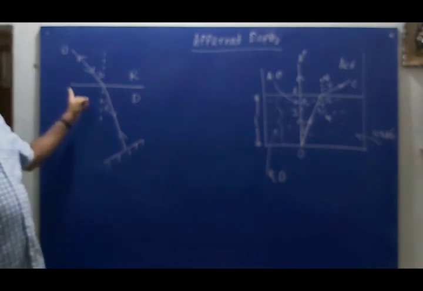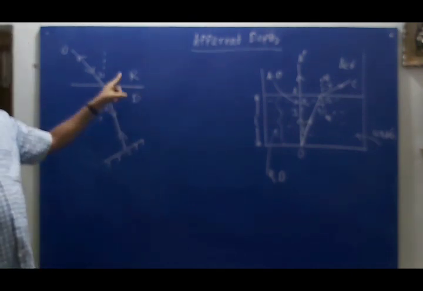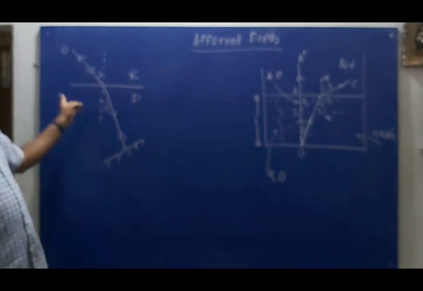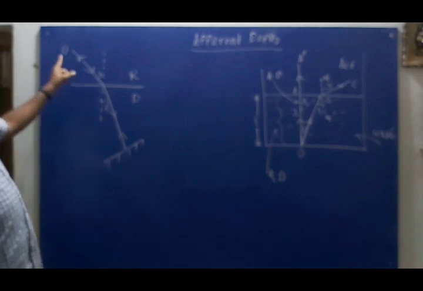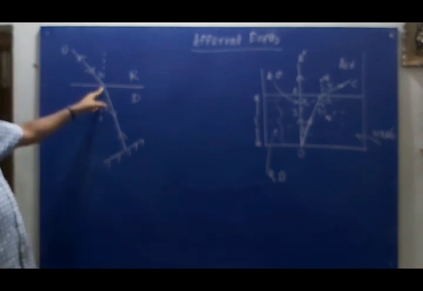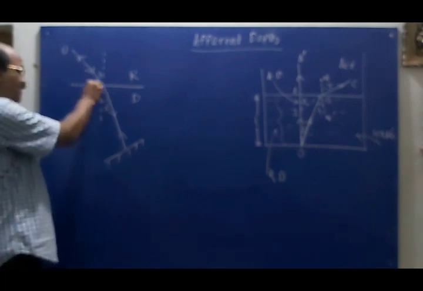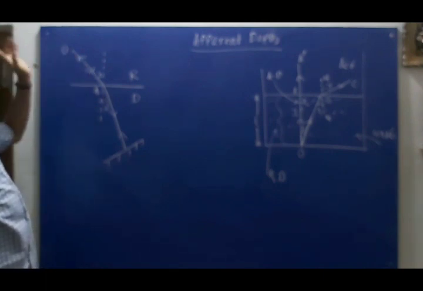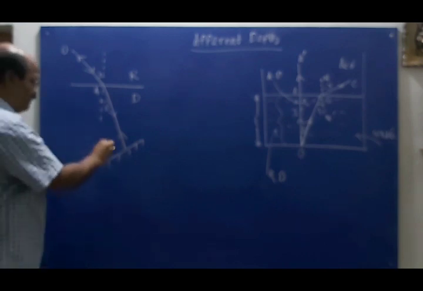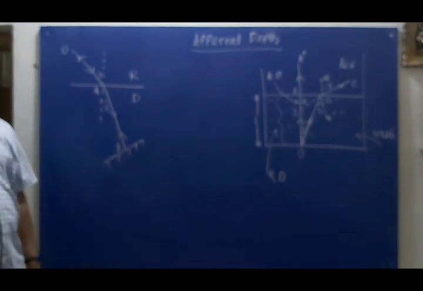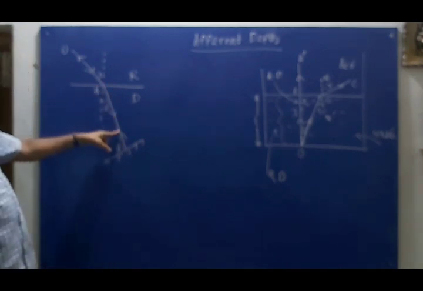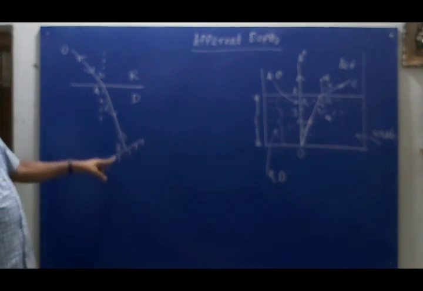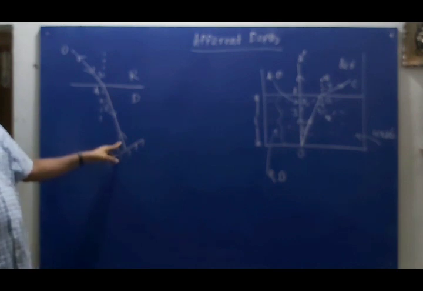Suppose there is a refracting medium. What is a refracting medium? It separates a rarer medium from a denser medium. So this is called the interface. Suppose a ray of light is incident at point A. OA is the incident ray. Suppose AB is the refracted ray along the normal.